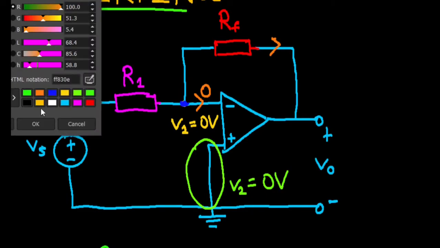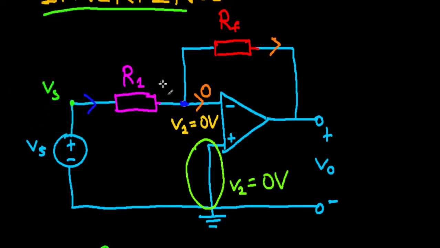Here we need to consider the voltage difference between this and this. This is the same node, so the voltage here is going to be V sub O. So the voltage difference is 0 minus V output, divided by the resistance, which is R sub F. The F is for feedback, so it's the feedback resistance.